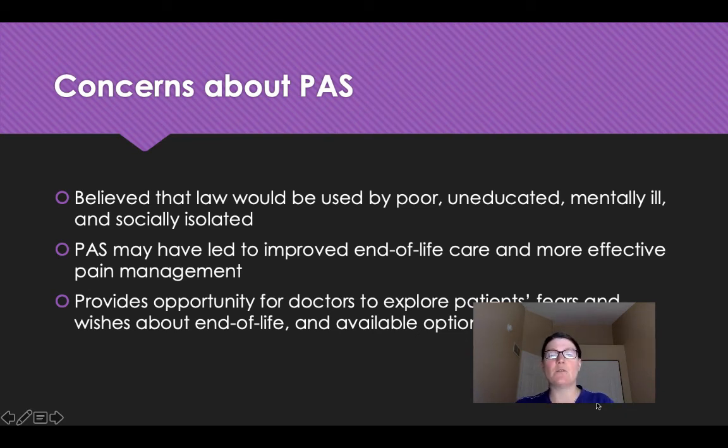When these first laws were passed, and now that's why I say that list of states changes, because a court will strike it down and then another court will say it's okay, and it kind of changes over time. Generally, the notion was that physician-assisted suicide was going to be used against people that were poor, uneducated, mentally ill, socially isolated, situations where it wasn't someone that has a terminal illness that we're providing euthanasia, that we're providing that mercy killing for.